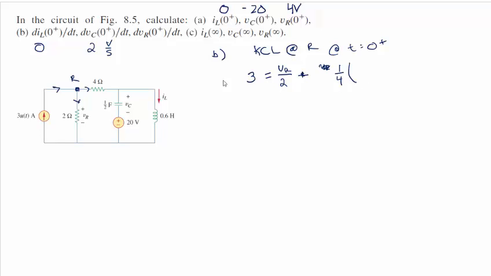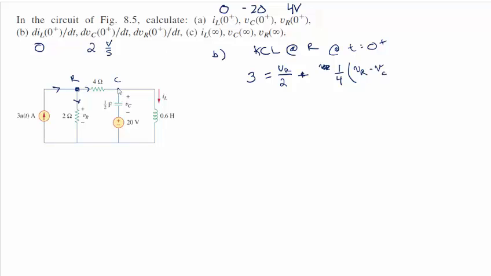But the trick is that the voltage here now at this point of time is VR, and this was my other node, minus VC, because we have a value for VC, the rate of change of voltage right here.